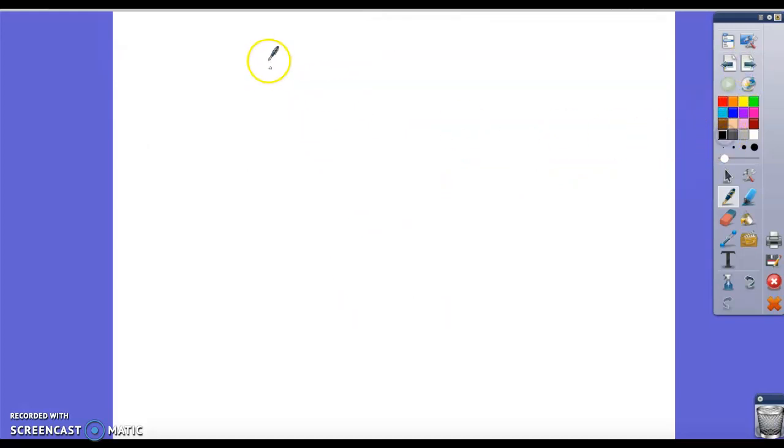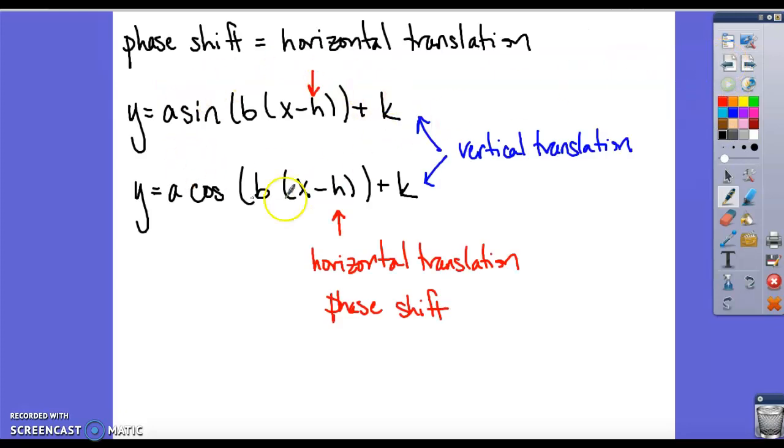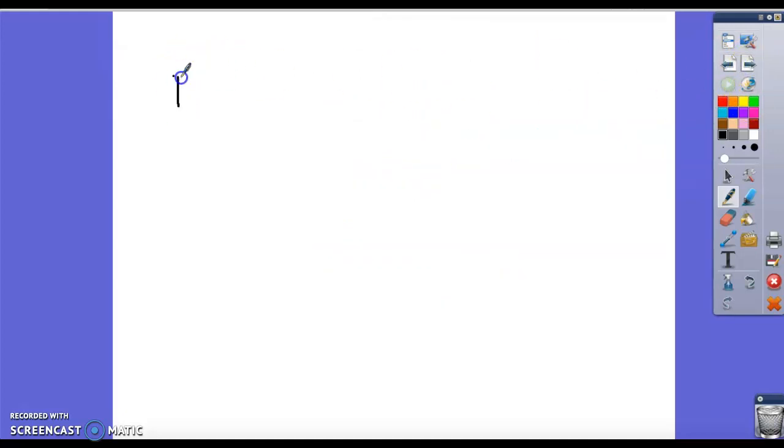So when we write sine and cosine in standard form like this, our period is still 2 pi over the absolute value of b.